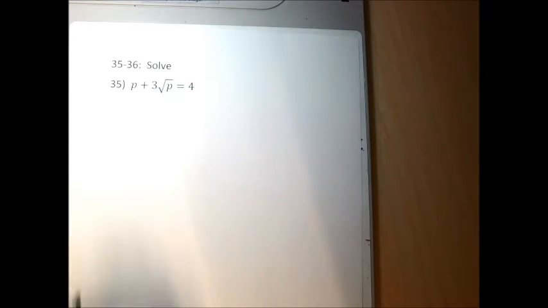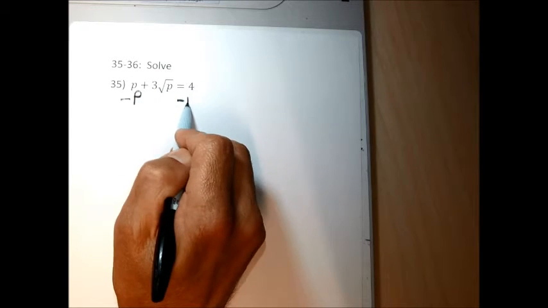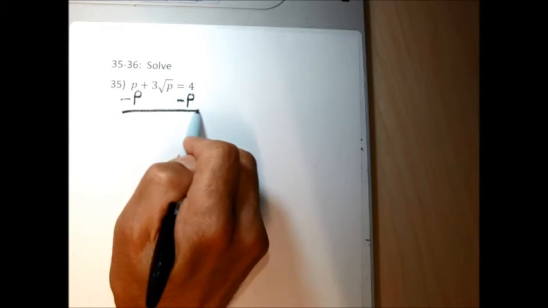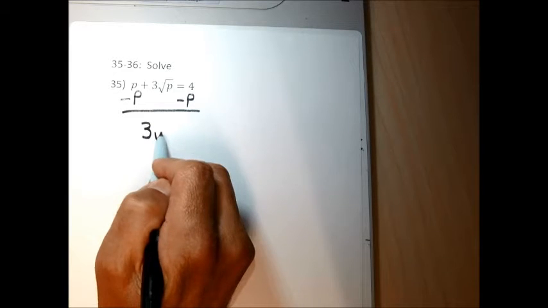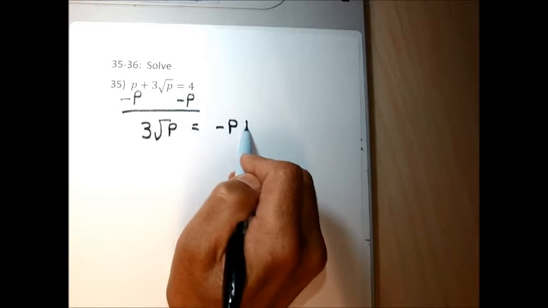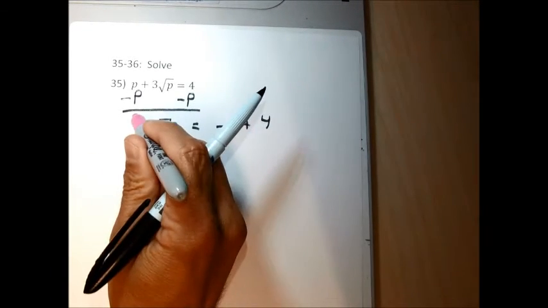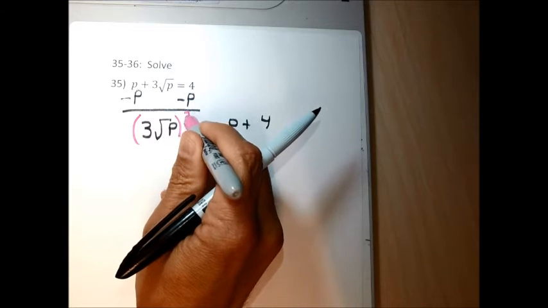So let me get this problem going. I want to make it so I can square both sides easily. So I have to minus p from both sides. And this is the best I can do in terms of getting the problem ready to square. Now I'm going to square both sides to get rid of the square root.